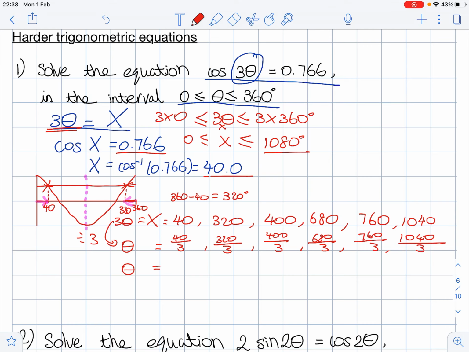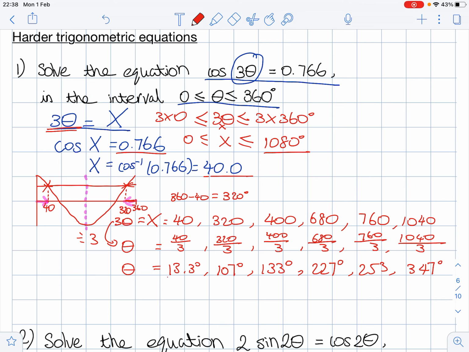If you can just type those into your calculator, the values for theta are 13.3 degrees, 107 degrees, 133 degrees, 227, 253, and 347.